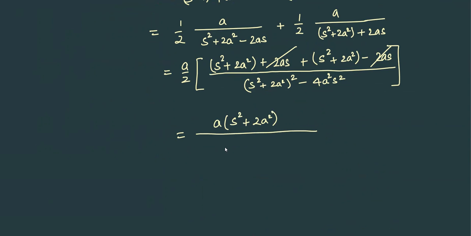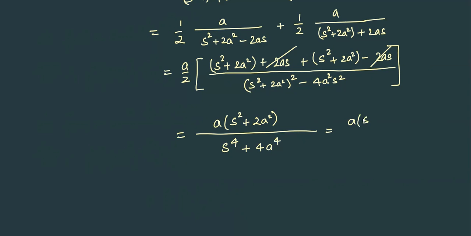s power 4 plus 4a power 4 plus 4a square s square. That plus 4a square s square and minus 4a square s square cancels, and we are left with s power 4 plus 4a power 4.